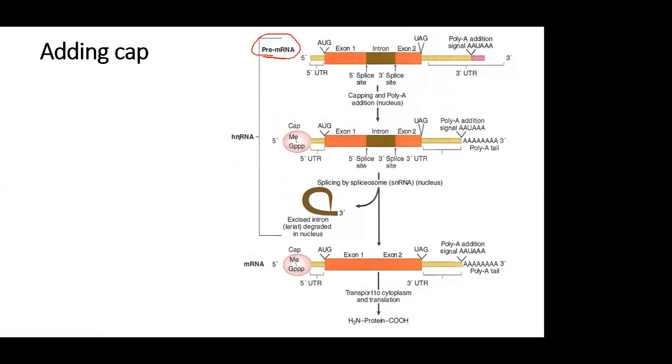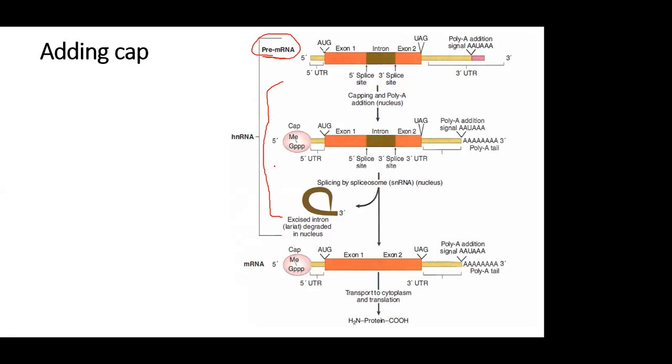It's a really important concept. The heterogeneous nuclear RNA is going to include the pre-messenger RNA and the processes that happen before we call it mature mRNA. What are the processes?